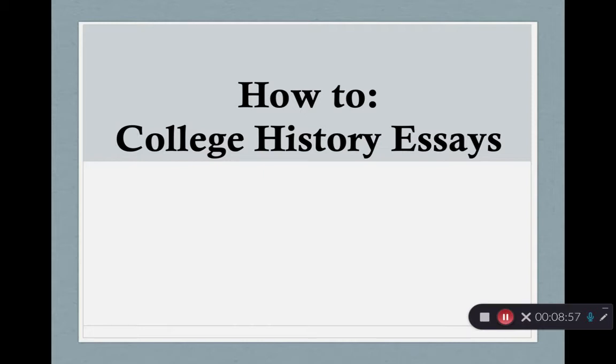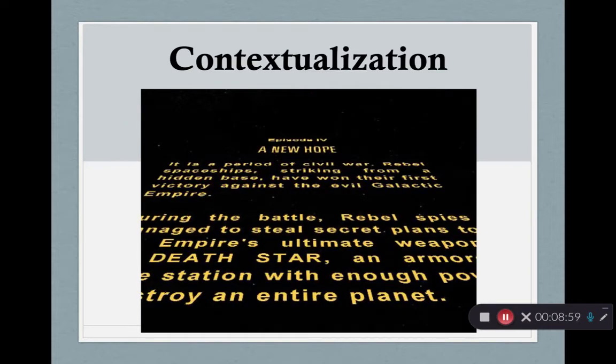Now let me give you an example of what context is. If you've ever seen Star Wars, the opening crawl is a great example of what context is. It provides pertinent information to the viewer or the reader, in this case the viewer watching the movie, of what is going on.